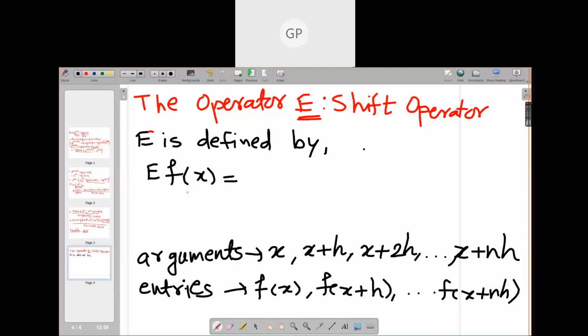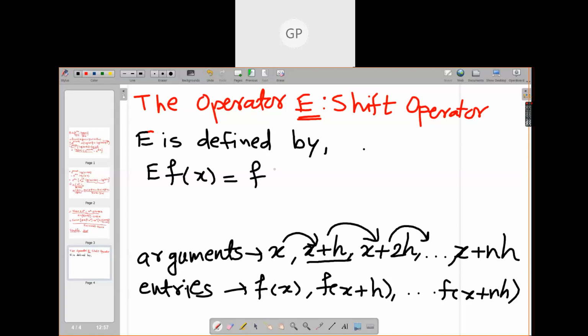When we operate E on Fx, this X gets shifted to the next argument. If it is X plus H, it will get shifted to X plus 2H. If it is X plus 2H, it will get shifted to X plus 3H.